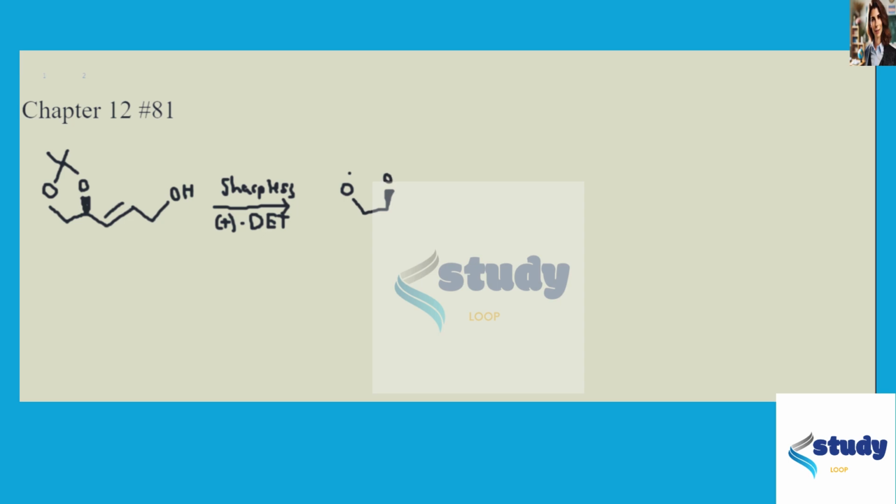And so that is going to look like this. Using the plus DET is going to put the epoxide here on wedges. And so this is molecule Y that we were asked to come up with the structure for.